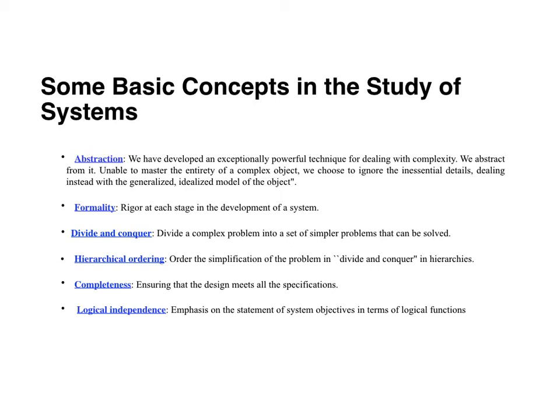The fourth one is hierarchical ordering, and how to order your problems or sub-problems after dividing them in an efficient sequence. After that is completeness. We have to ensure, for each system and subsystem, that we meet all the system goals.